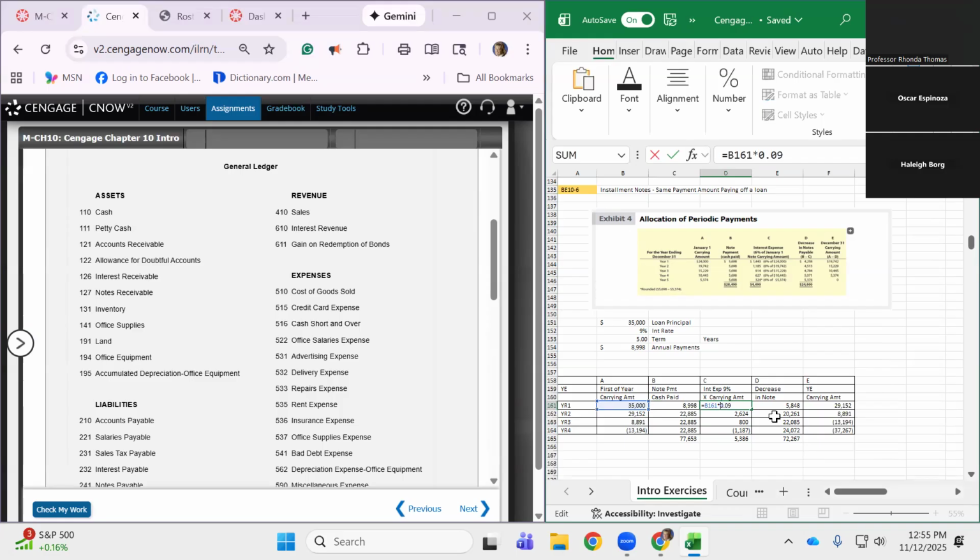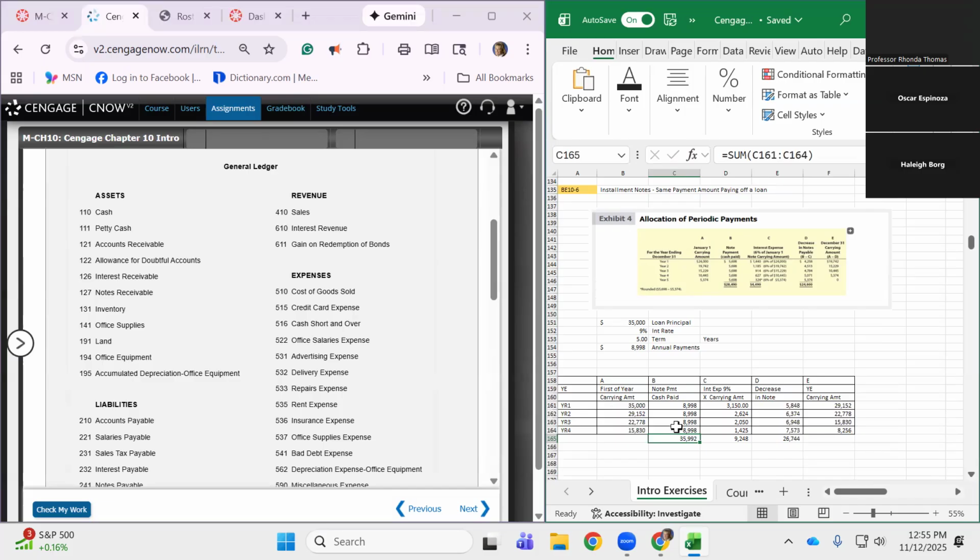There's the payment. And of that payment, 3,150 is the decrease in the note. So every payment that we make is going to be 8,998, 8,998, 8,998. There we go. That helps.